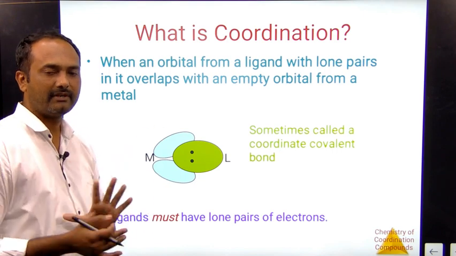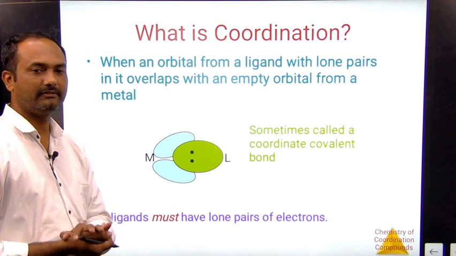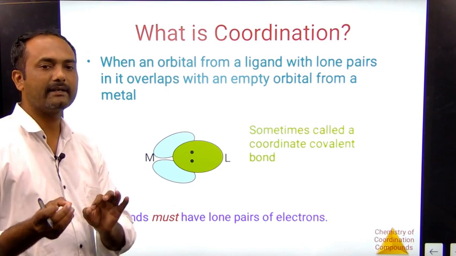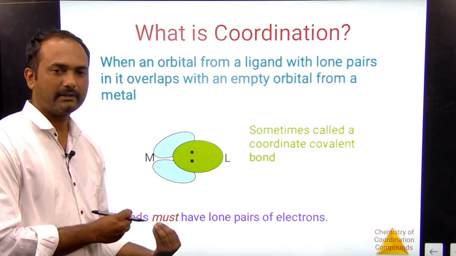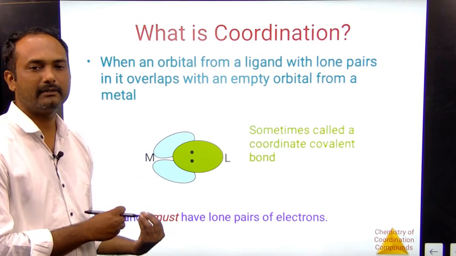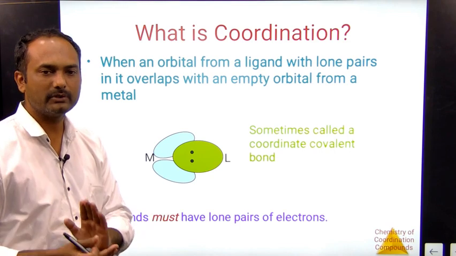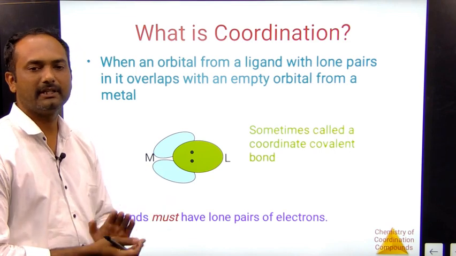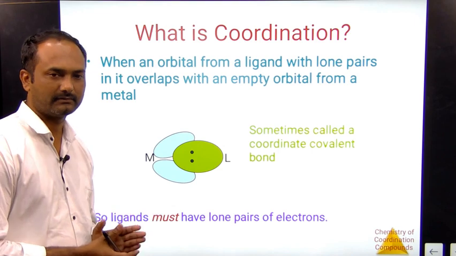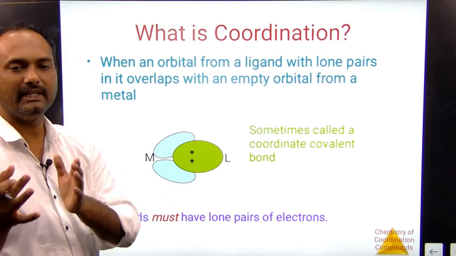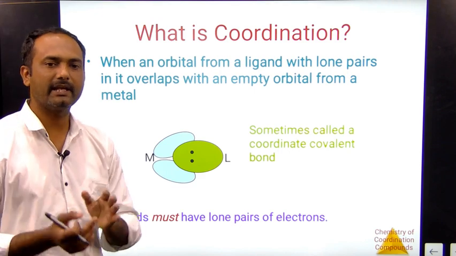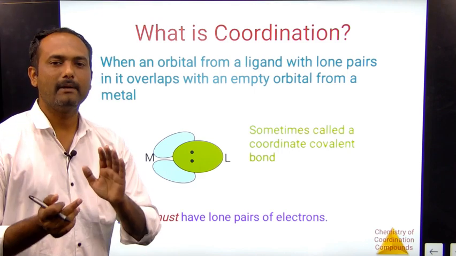One condition we have seen regarding ligands is that the ligand will donate electron pairs to the central metal atom. So here the ligand will be a donor and the central metal atom will be an acceptor. There will be overlapping between the filled orbitals of the ligands and the empty orbitals of the metal.